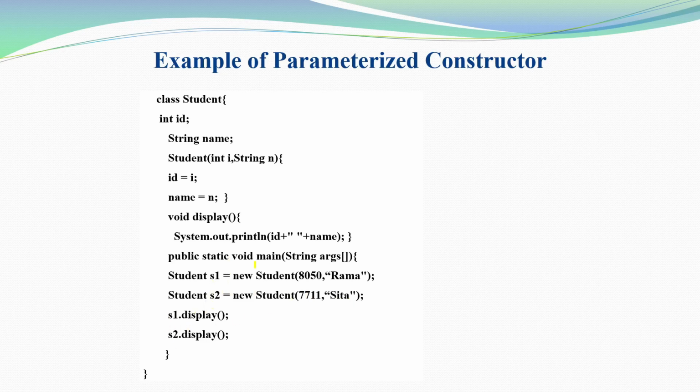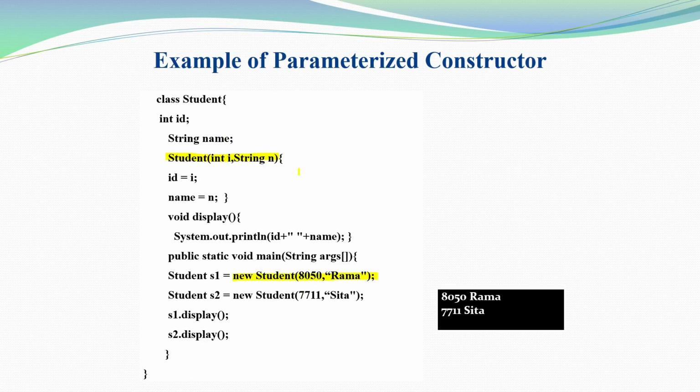Let's see its output. So here you can see 8050 is Rama's id, and 77711 is Sita's id. So this is how the parameterized constructor looks, and while calling we use the new keyword and pass values for whatever the number of parameters.